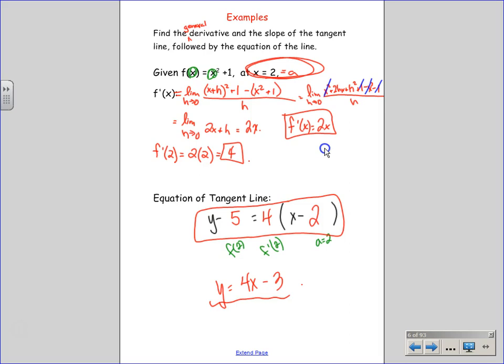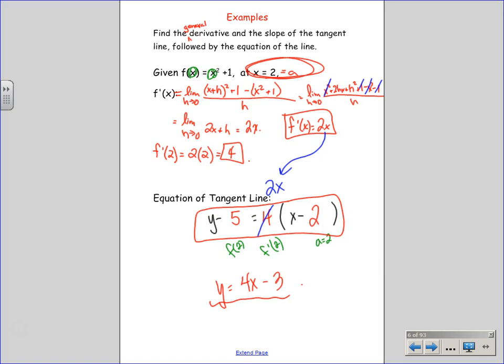Will this be a line? Ooh, common mistake once you get used to this. Will this be a line if we put in the wrong guy? Would it still be a line if I put in 2x instead of 4? I'm putting the derivative. I know the derivative is supposed to go there. I'm so smart, but is it a line? What's 2x times x going to be?